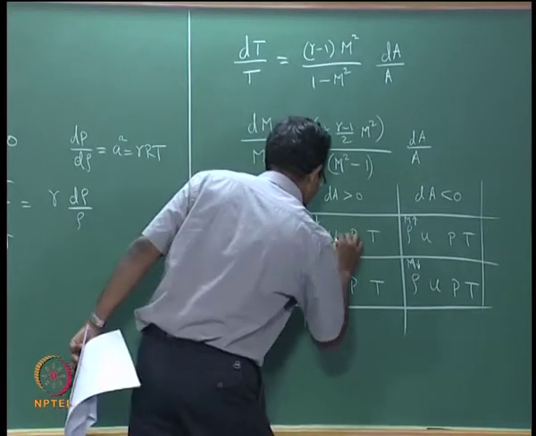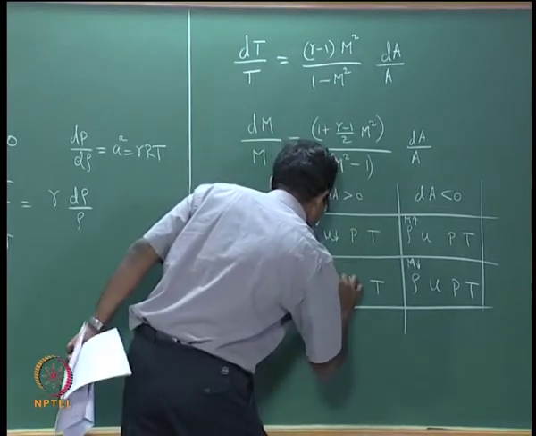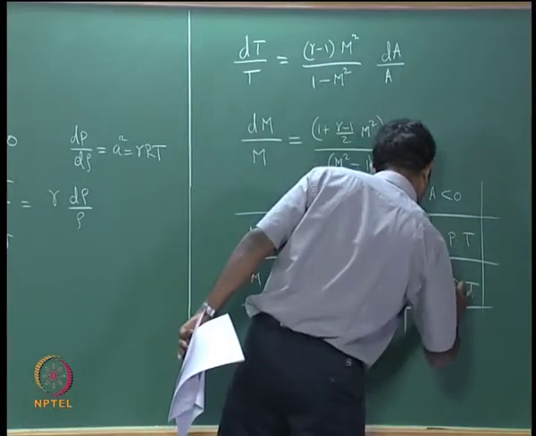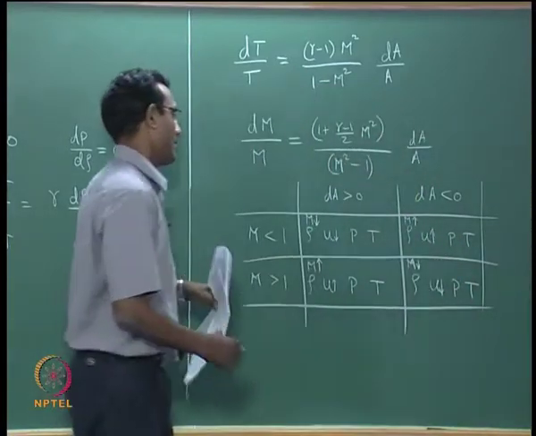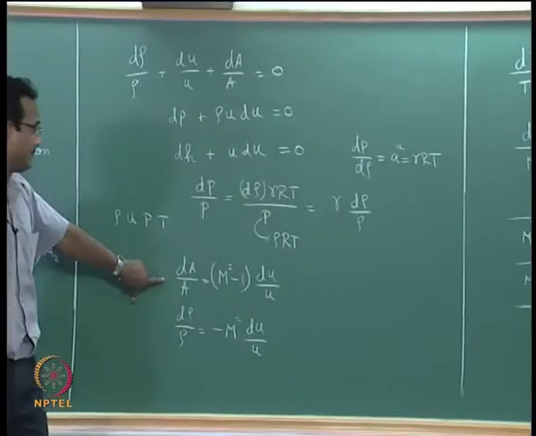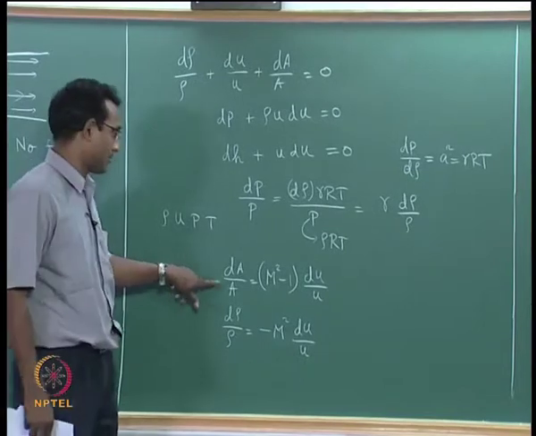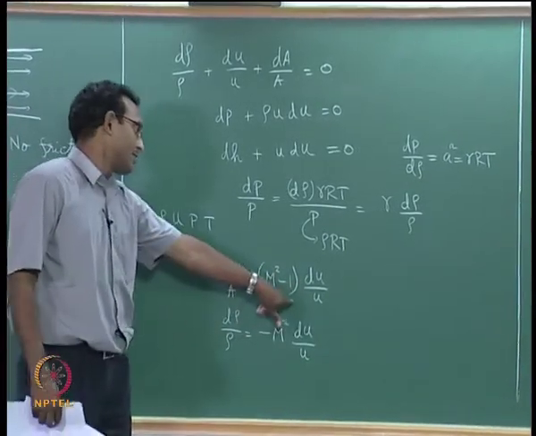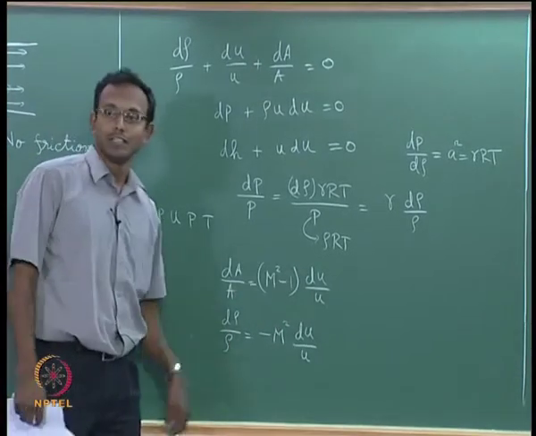I will just go through the remaining ones a little faster. You can also use the du by u expression, which I believe I have here. I can use this also to tell the same thing. If I am supersonic, if area increases, velocity increases.